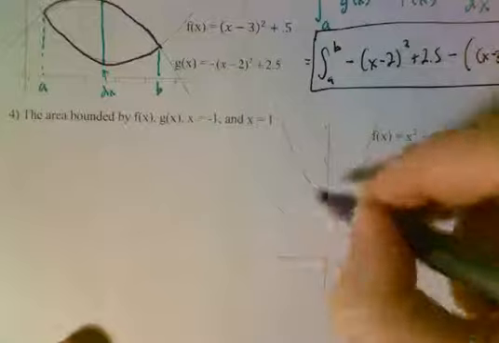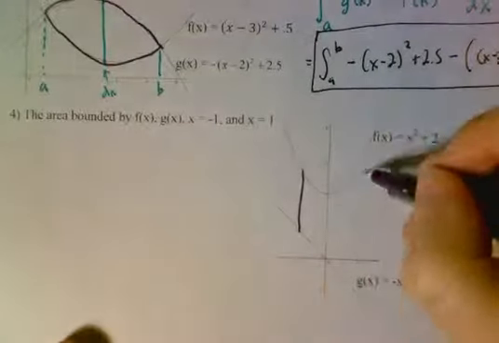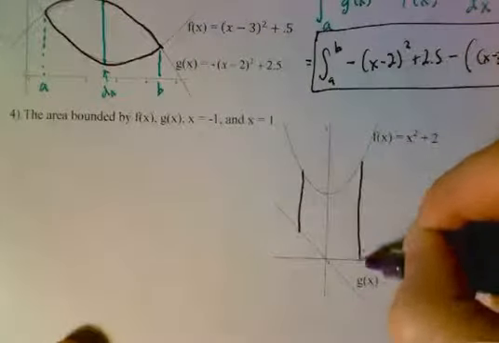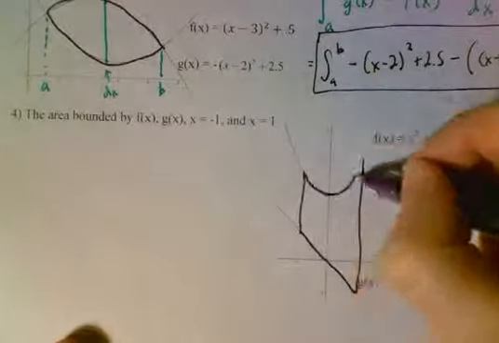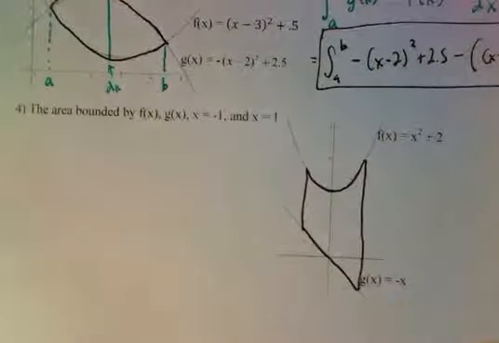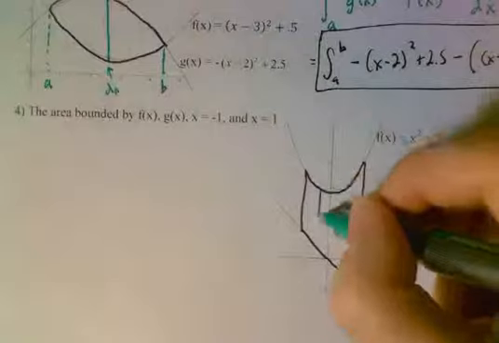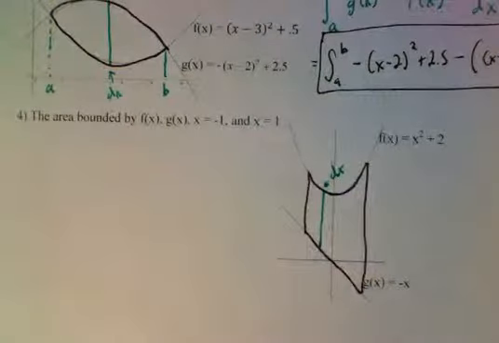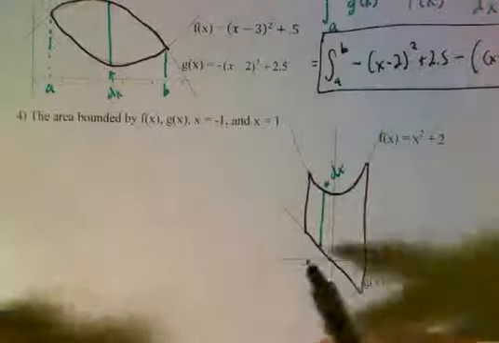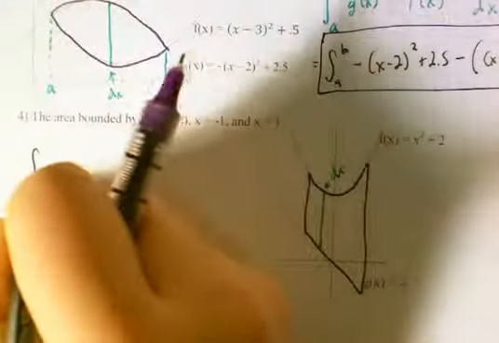So let's see, this one's between when x is -1 and when x is 1, and it's bounded by g of x and f of x. So we can draw our rectangle, and we see that we're starting at -1.